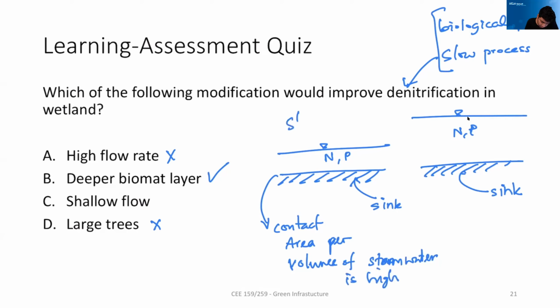So this is shallow, this is deep. That means shallow can also help. So one of those two answers could be fine. But if you write deeper biomat layer, that's the first choice because it has more microorganisms.